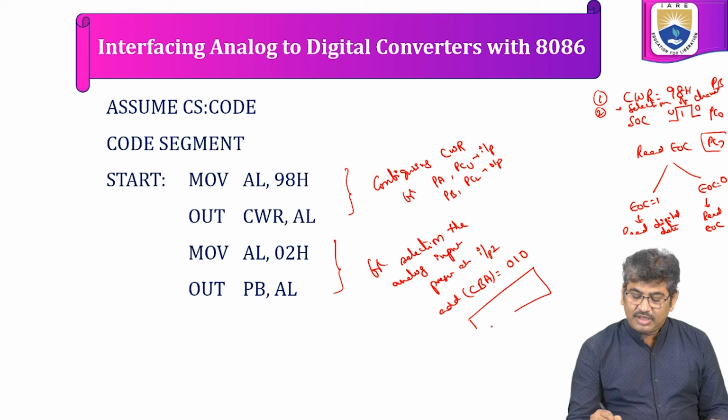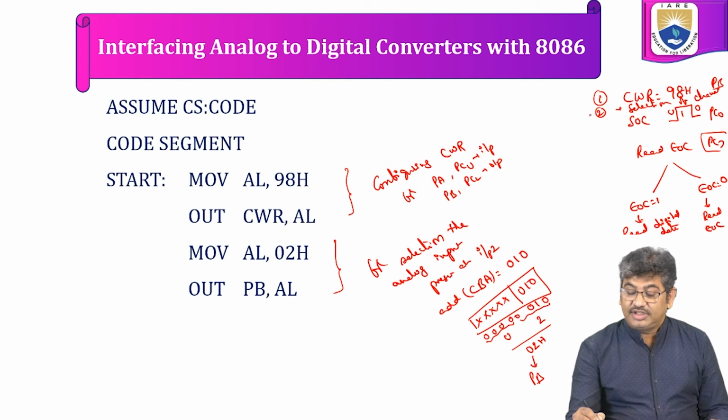For port B, the 010 is the 3 bits, and the remaining bits are don't cares. So here I am selecting the default values as 000, 010. The hexadecimal equivalent of 00010 is 2. So this 02H we are going to send to port B. So the second step is done.